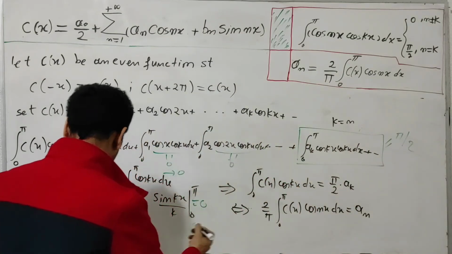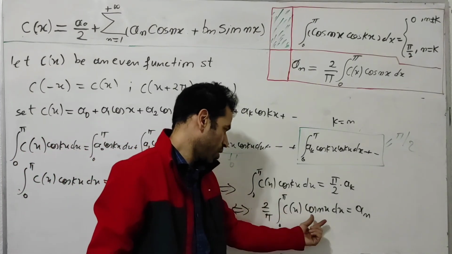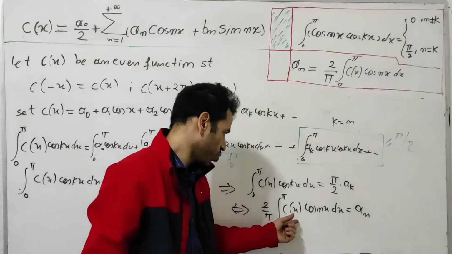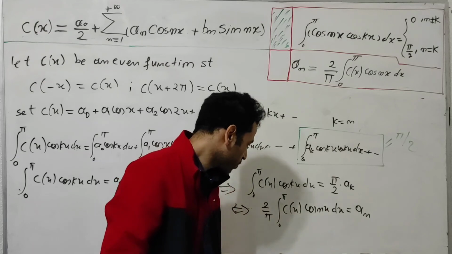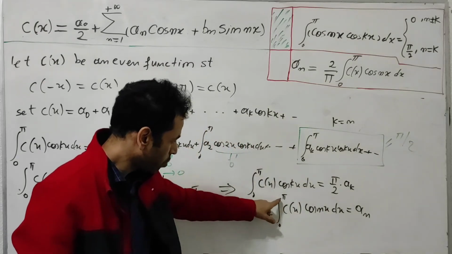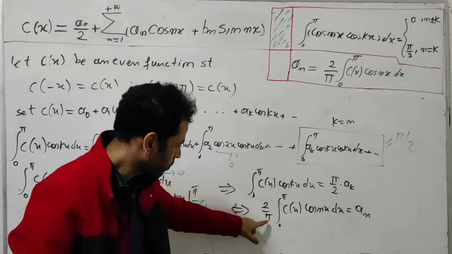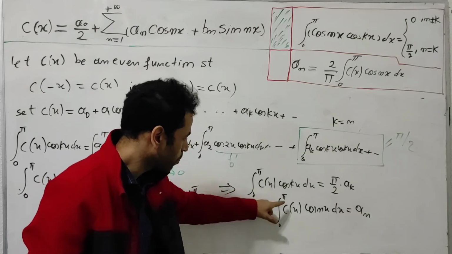At the same time, you can rewrite it. Since cosine nx is an even function, and we have chosen c of x as an even function as well, the product of even functions is an even function. That means the integral from minus pi to pi equals 2 times the integral from 0 to pi.